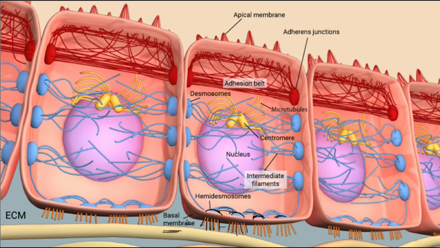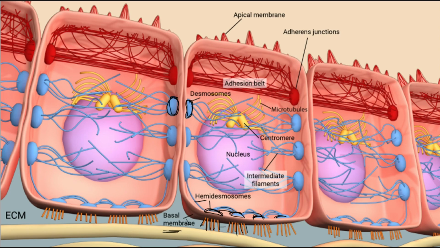Now these are desmosomes because they are forming the complete structure, right? Here and here it is forming the complete structure. Basically hemi means half, so here a half-circle-like junction is present, therefore it is called hemidesmosomes, and here the circle is completely formed, therefore it is called desmosomes.